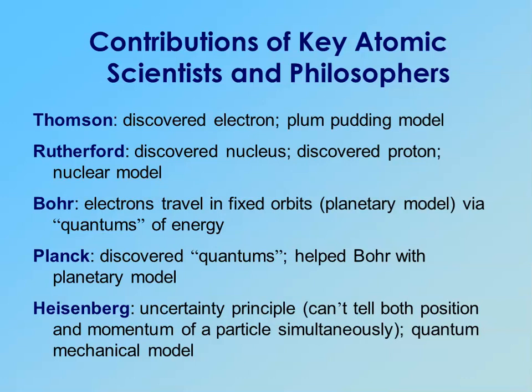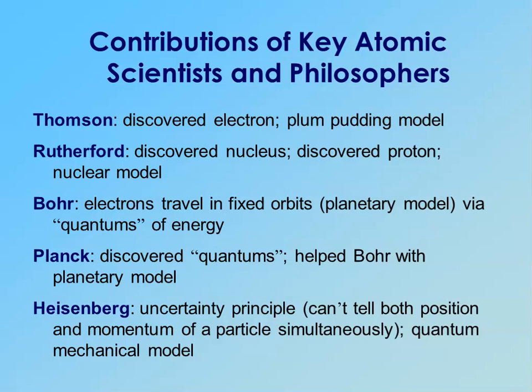I talked to you about Thomson and Rutherford already. Rutherford also was able to figure out about the proton. Bohr showed that the electrons move with those quantums, which he was able to do through Planck. And then the trio that make up the currently accepted model: Heisenberg was responsible for determining that you can't tell where something is and in what direction it's going to be moving.